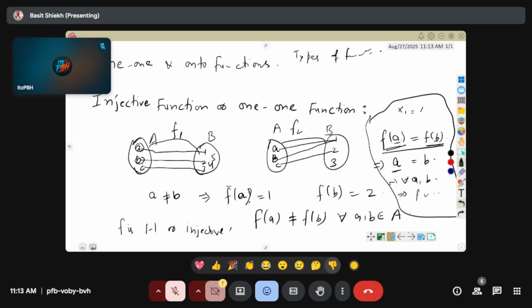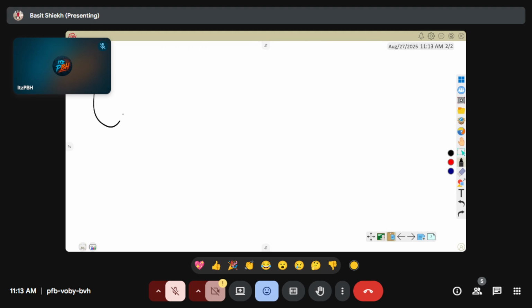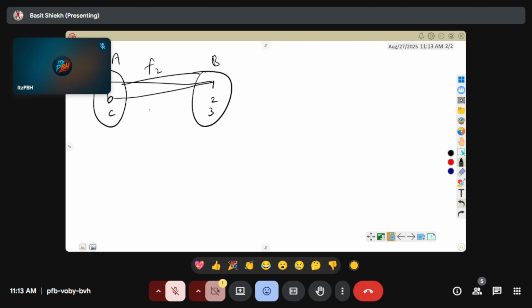Okay. In the second example, I will go to the next page. This is f2 and this is B. Here a, b, c and 1, 2, 3. a is going to 1, b is going to 1, and c is going to 2.